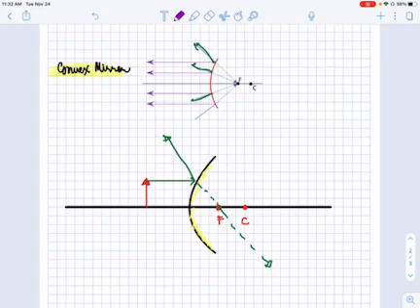This means we have to draw extensions of the reflected ray. Now, for ray 2, from the tip of the object passing through the virtual center of the mirror. So, from the tip of the object, it will pass through the virtual center. That's where it will go.